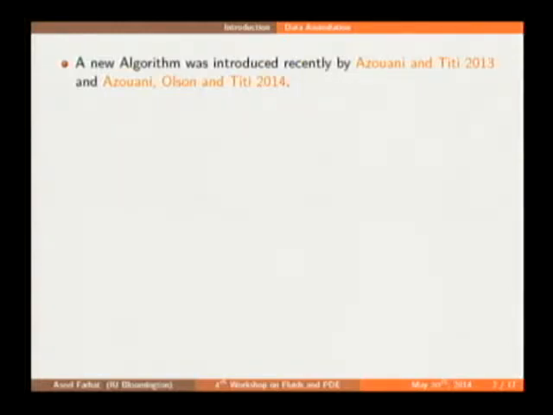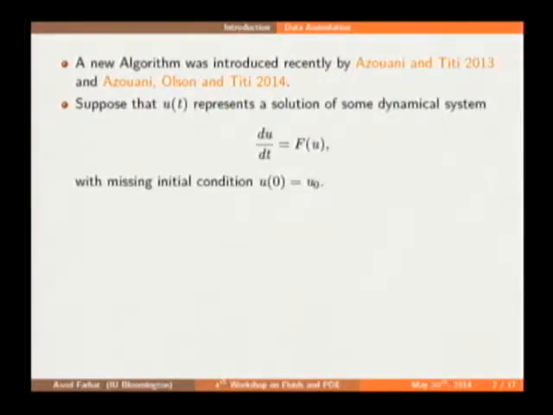which has ideas from control theory. And the algorithm that they introduced says the following. You start with a dynamical system, du/dt equals F(u), and you want to solve for a solution u, but you have the initial condition u0 missing.